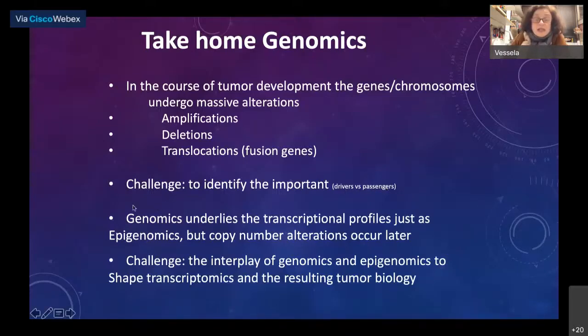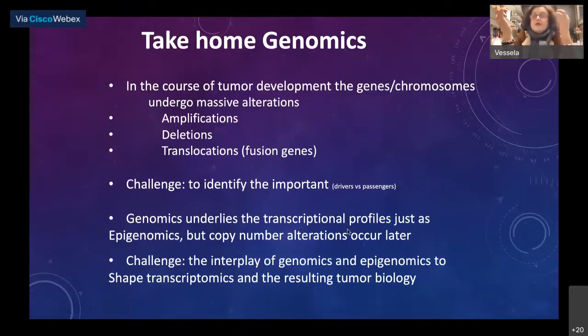Then, of course, this genomics underlies the transcriptional profiles, for which I will be speaking a lot more tomorrow. So this means that these abnormal genomes, where we have all these amplifications, cause abnormal transcriptional regulation in the whole genome of the cancer cells.